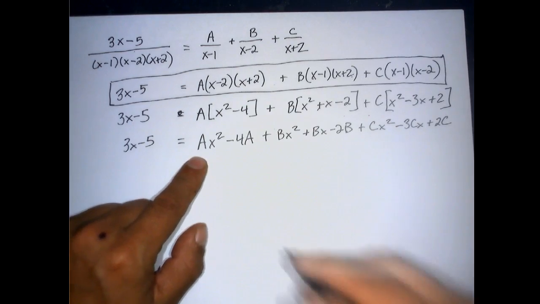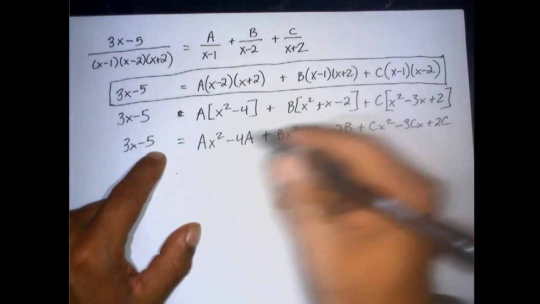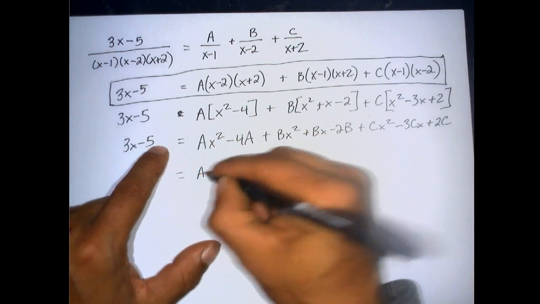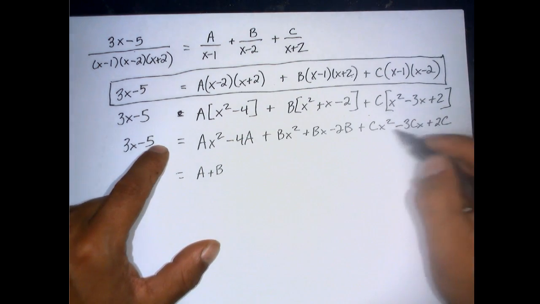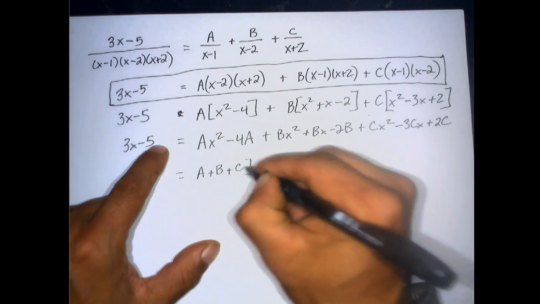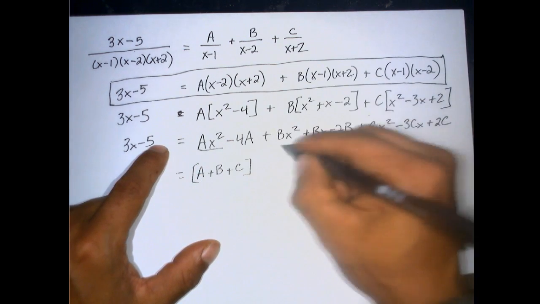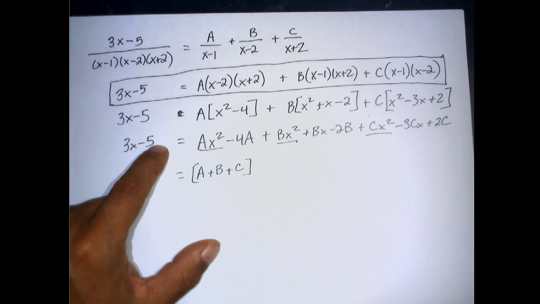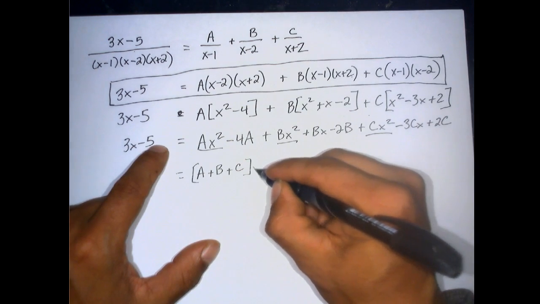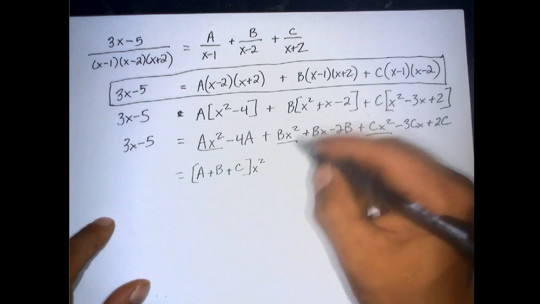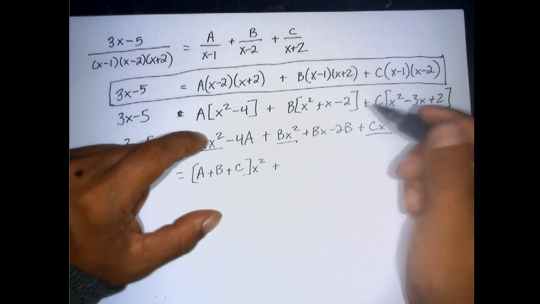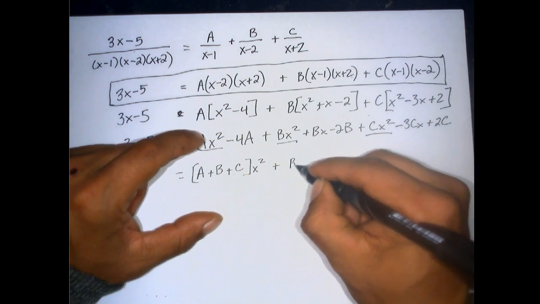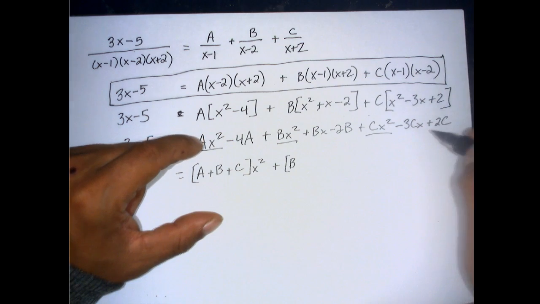We got Ax squared, and when I'm done with these, I like to underline them. So there's A, plus Bx squared, plus Cx squared. That's x squared. Plus Bx, so there's a B minus 3C.